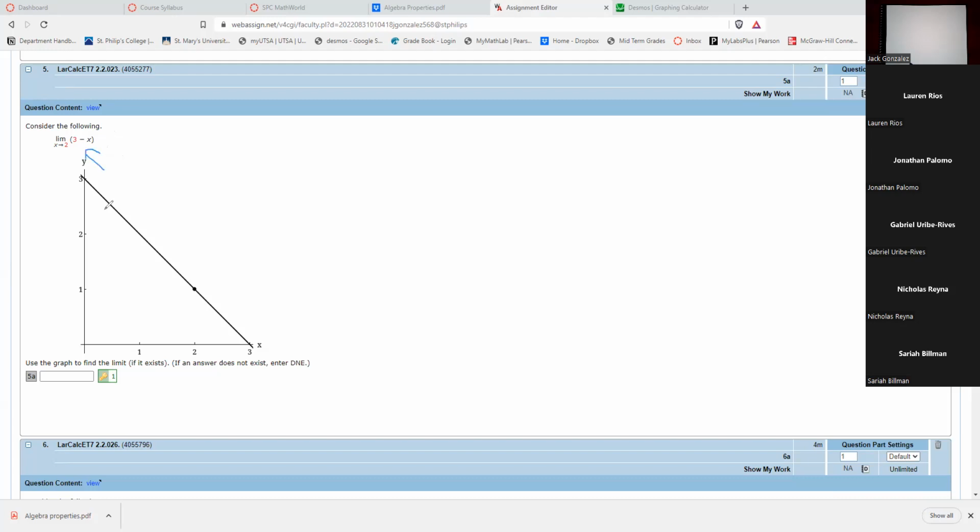This is the f function right there, 3 minus x. Let me write that a little better. This is f of x.